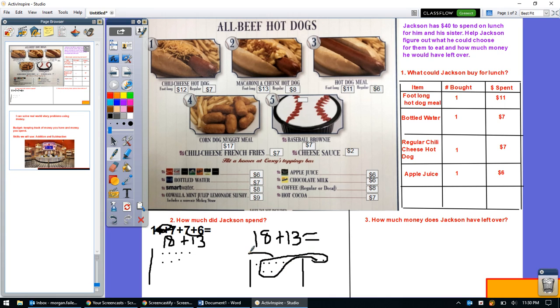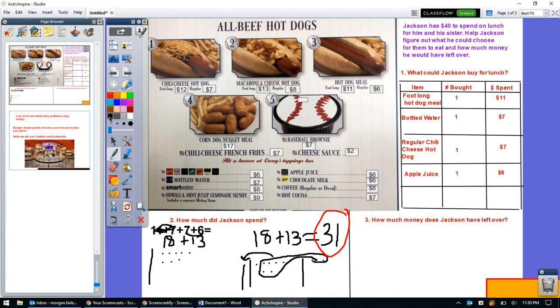And that will give me one more 10. This leaves me with 1, 2, 3 tens and 1 one. So Jackson has spent a total of $31 on his meals for his sister and himself.